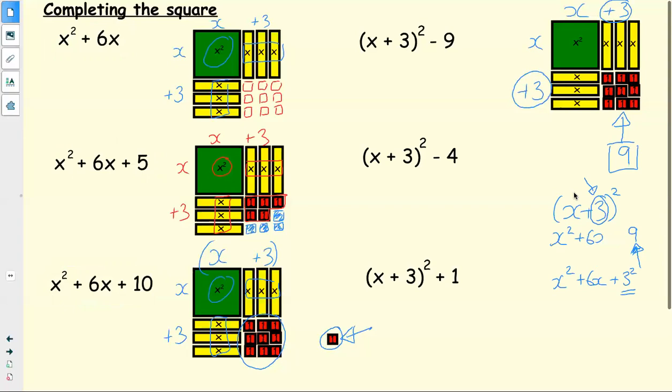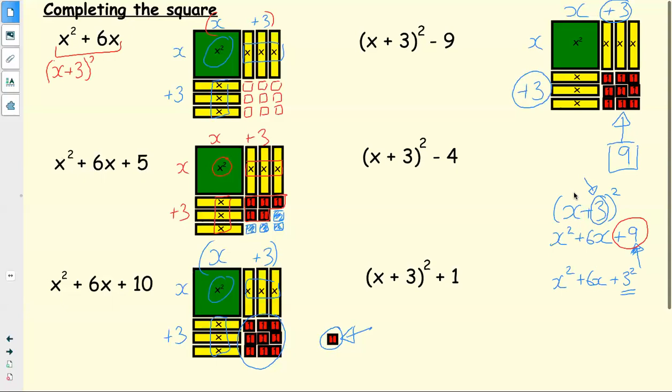If I compensated for this extra 9 always being at the end, so if I looked at this expression here, to complete the square on this, I now know that it's going to be an x add 3 all squared.